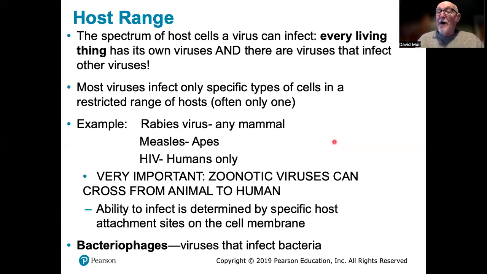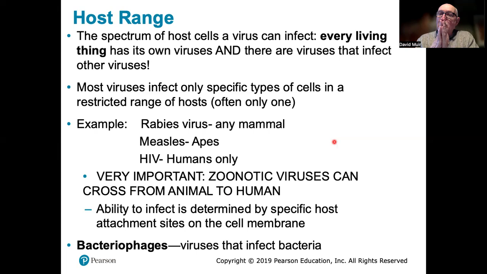There are even viruses which have to attack other viruses in order to reproduce. There are viruses which glom onto another virus and then infect a host cell. There are very, very complex life cycles that we're going to see, but viruses tend to be extremely specific.